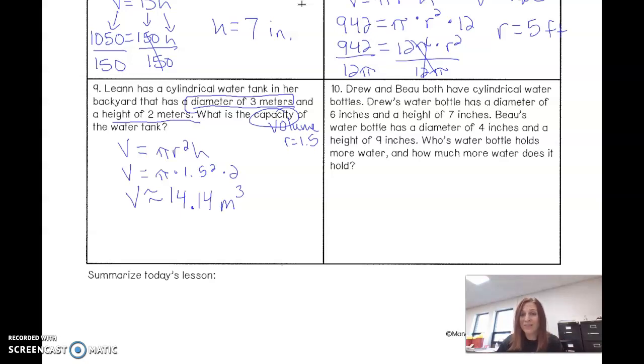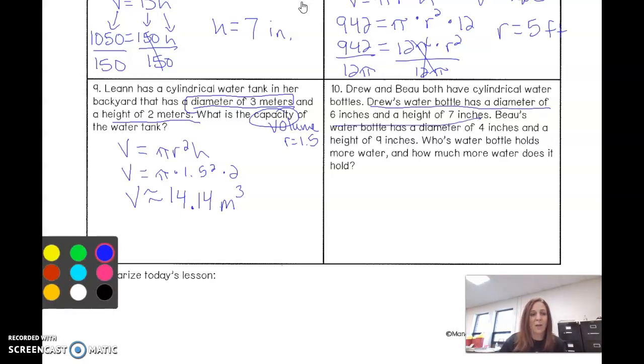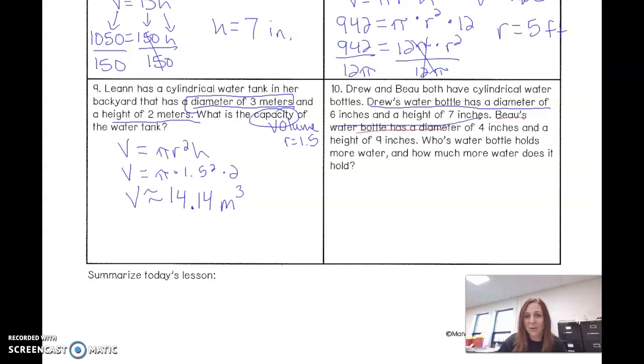So Drew and Bo both have cylindrical water bottles. Drew's water bottle has a diameter of 6 inches and a height of 7. Bo's has a diameter of 4 inches and a height of 9. Who holds more? So let's figure out Drew. Okay, so I'm going to say the volume of Drew, D there, is going to be pi times the radius squared times the height. So pi times our radius. Again, do you notice it says diameter? So remember, we take half of 6 to get 3 squared times our height of 7.